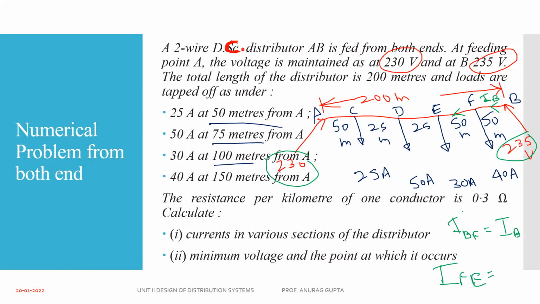Tell me, because you can see this is the current I've given at each point. Which amount of current will be flowing through F to E? If I'm initiating the current from B to F, that is IB, then from E to F, what will be the value of current in this section IEF?